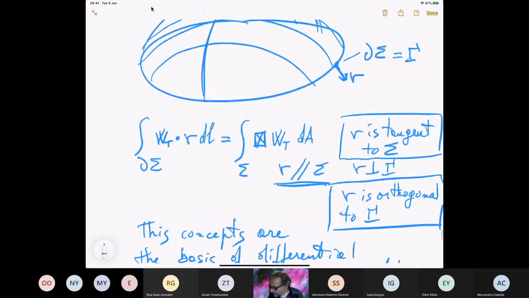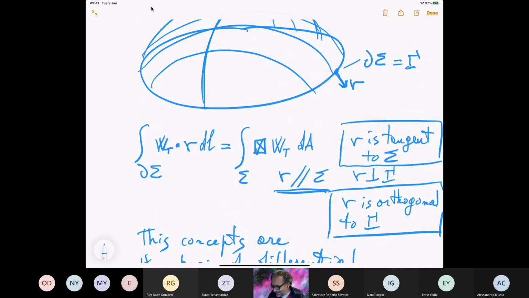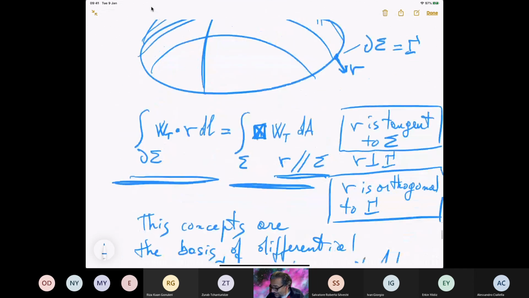Okay, so what we will do next, we will find this cross operator on the surface, and we remark that this boundary is a curve. Okay? So the integration by parts will produce integrals on a curve.